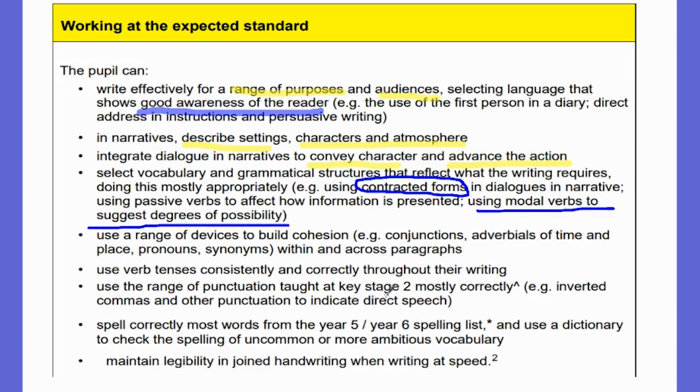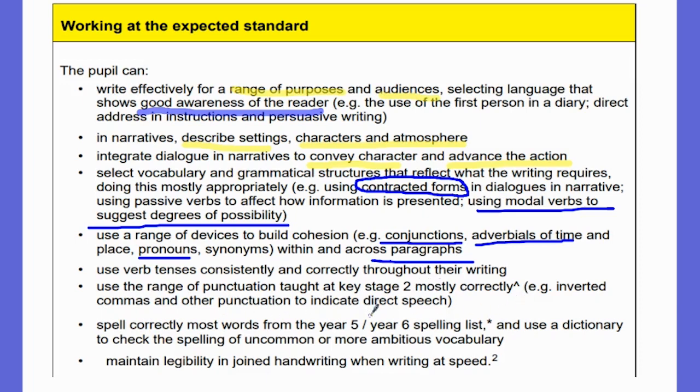Use a range of devices to build cohesion. So we should have seen some conjunctions, some adverbials of time, some pronouns. And we should have seen writing organized into paragraphs. Use verb tense consistently. So was the tense consistent, and punctuation taught at Key Stage 2 mostly correct?